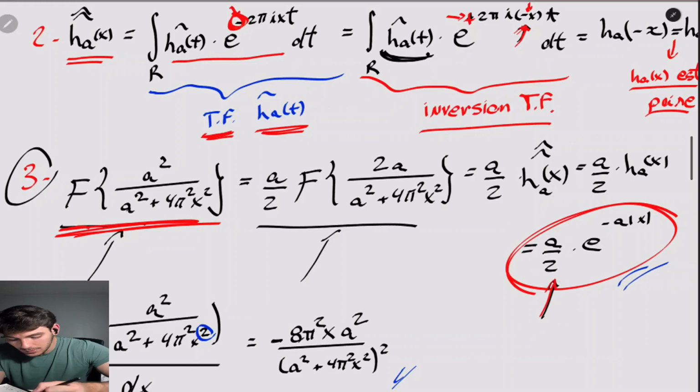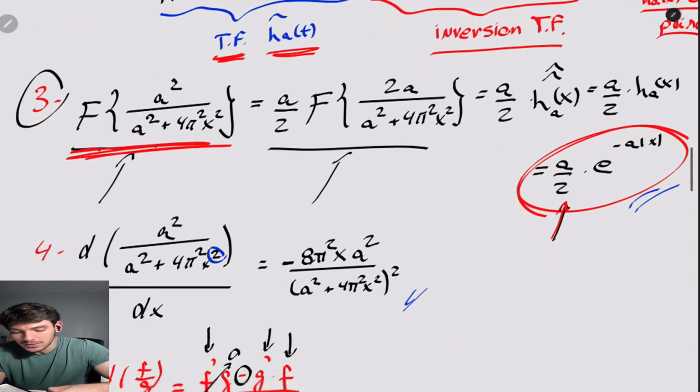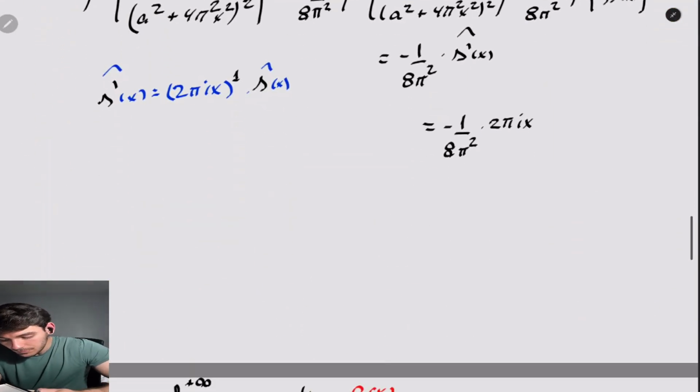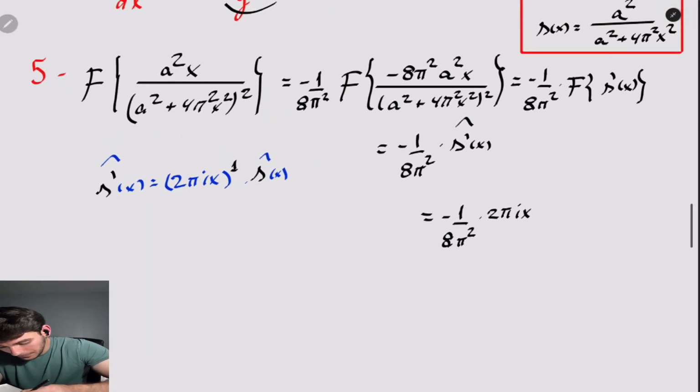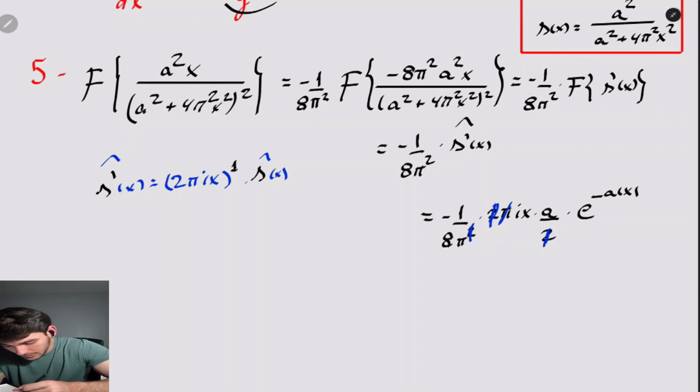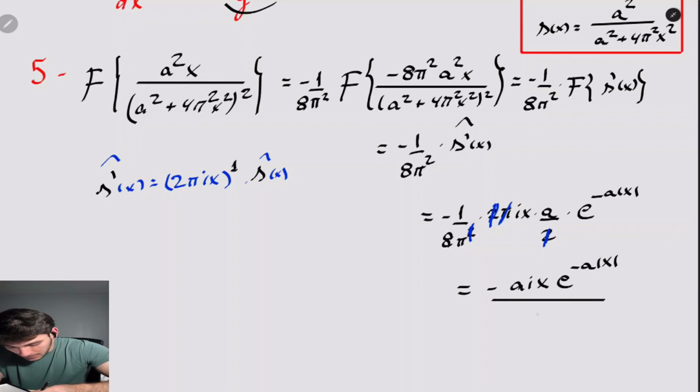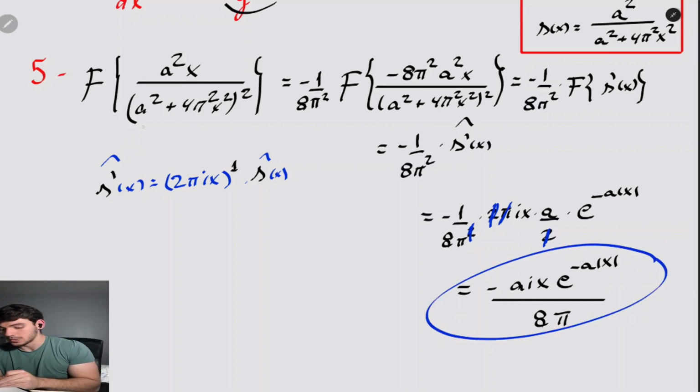So we have a divided by 2 times exponential of minus a modulus of x. This 2 cuts out with this 2 here, this pi cuts out with this pi squared, and we'll have basically minus a i x exponential of minus a modulus of x divided by 8 pi. So that's the final value of the Fourier transform of this function here.